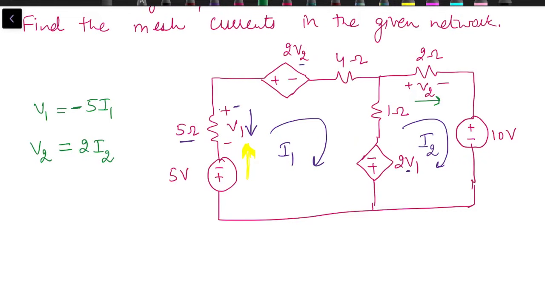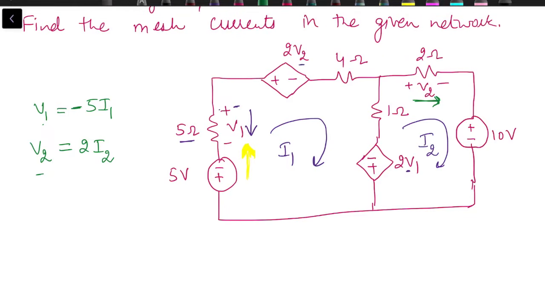I hope it makes clear why V1 is equal to minus 5I1. In case of V2, the required direction of current and actual direction of mesh current are same, while in case of V1, the required direction of current through 5 ohm resistance is just opposite to the direction of mesh current. So we have a minus sign over here.